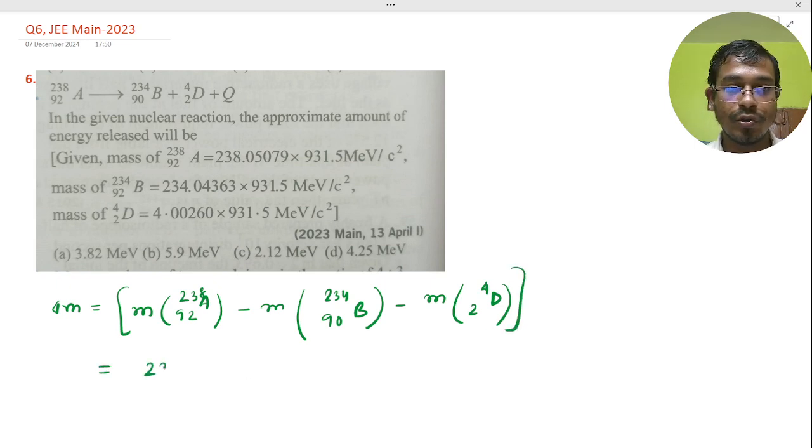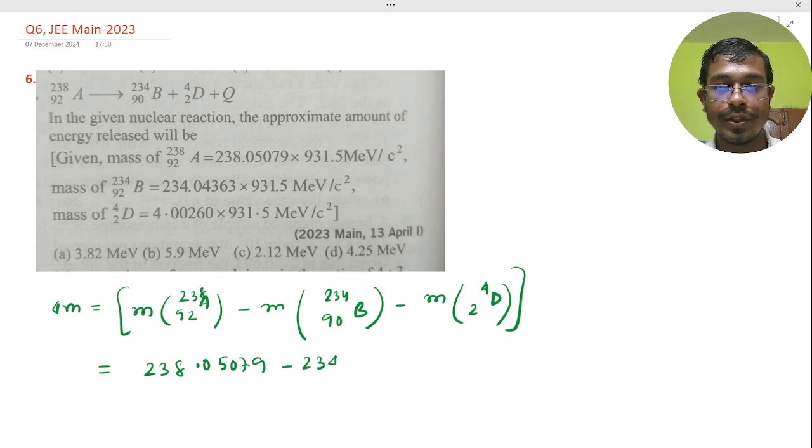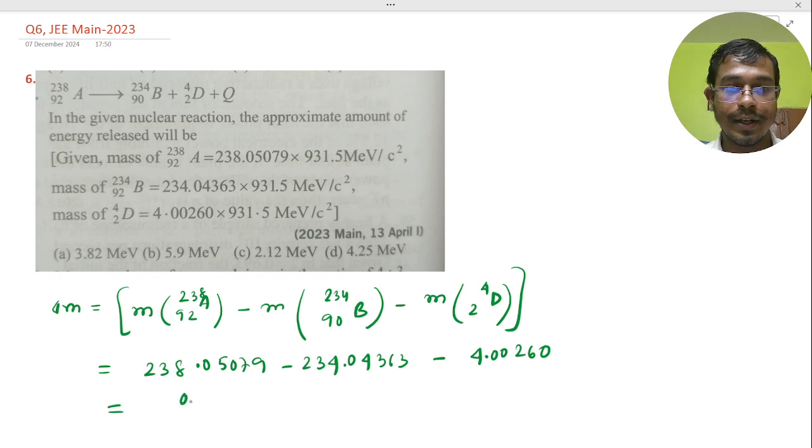Put this value here, given: 238.05079 minus 234.04363 minus 4.00260. You just calculate and get 0.004564 mu.